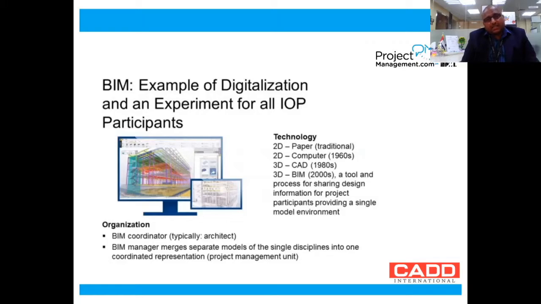What the BIM manager does is important. He merges separate models of the single discipline into one coordinated representation, that is the project management unit. So I think BIM has learned a lot from project management because it integrates every work into a single output.